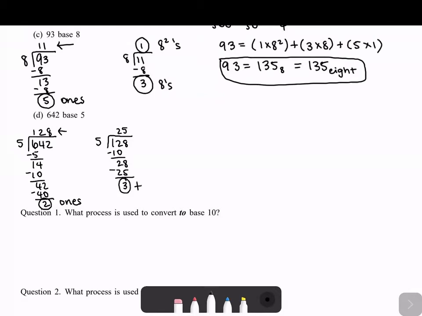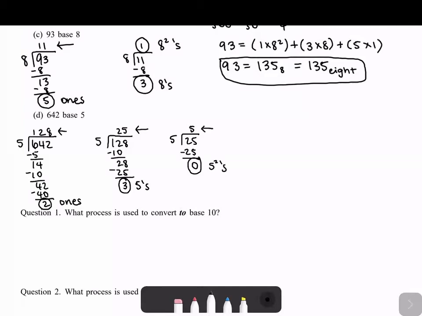So we have 3, whoops, it's not in our tens place. This is in our fives place. Again, here we have 25, which is greater than or equal to 5, so we can divide it one more time. 25 divided by 5, since we know that 5 times 5 is 25, we get a remainder of 0 here that goes in our 5 squared place.